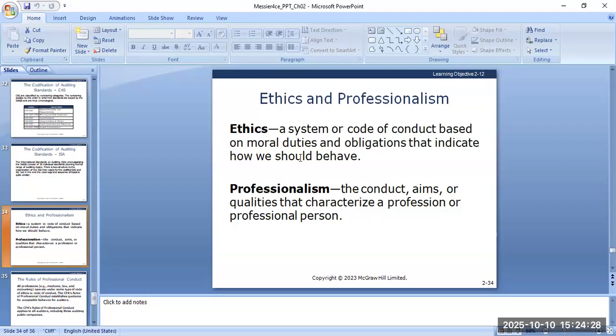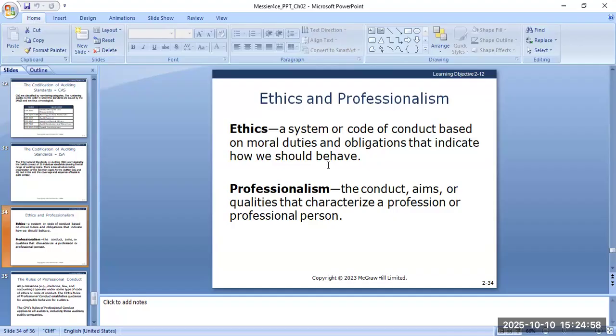Now, on ethics and professionalism, there's a high emphasis on ethics. Ethics is a system or code of conduct based on moral duties and obligations that indicate how we should behave. If you're looking for a definition of ethics, that can be it.